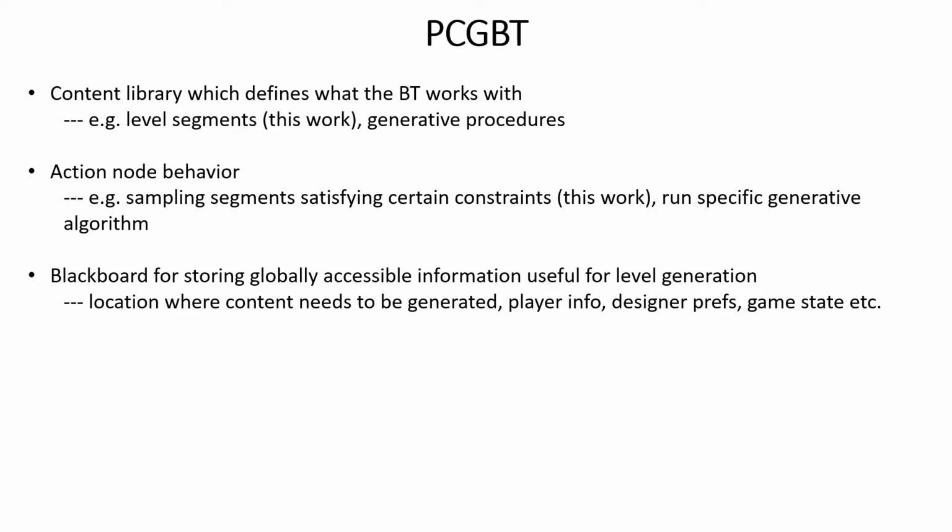And finally, we have the blackboard for storing information useful for level generation that can be accessed globally by all the nodes of the tree. So this can include things like the location in the game world where the next piece of content should be generated, player information, state of the game world, designer preferences, and so on.